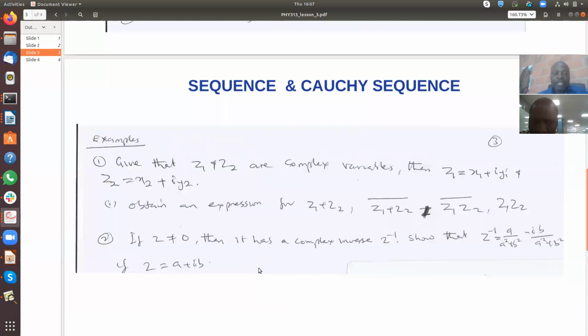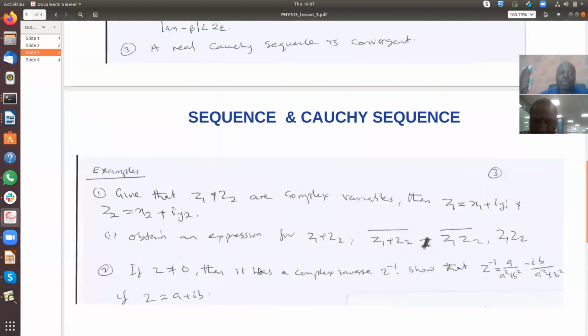Now, these are examples. In the course material I sent to you, you have some problems, most especially on page 14 or thereabouts. Here you are given some problems, where z1 and z2 are complex variables, with z1 equals x1 plus iy1, and z2 equals x2 plus iy2.